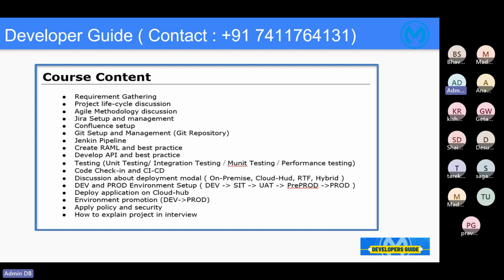Everywhere you need to create an epic, create a story, and assign it to the related developer. Then the developer will keep updating the status, starting from to do, then in progress, development, testing, then ready for deployment. We used to have multiple stages there.